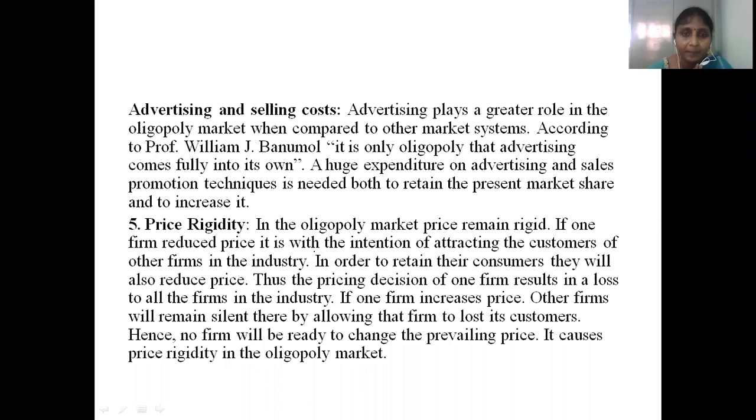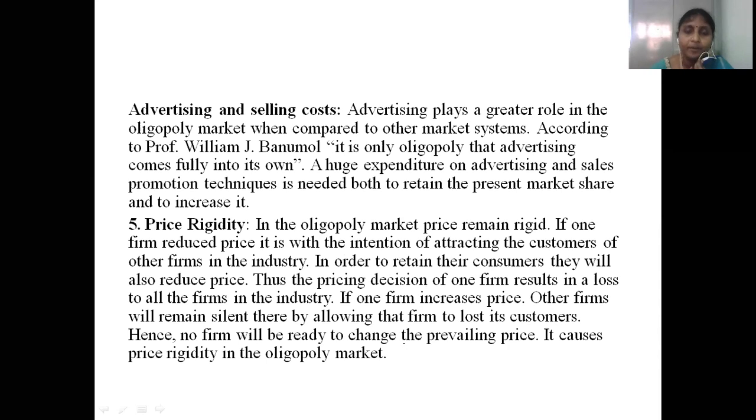Suppose X company has reduced the price of its products, but the other companies Y, Z and others are not aware of it. Then automatically Y and Z will result in losses, as the demand for their products is reduced. If one firm increases its price, other firms will remain silent, thereby allowing that firm to lose its customers.